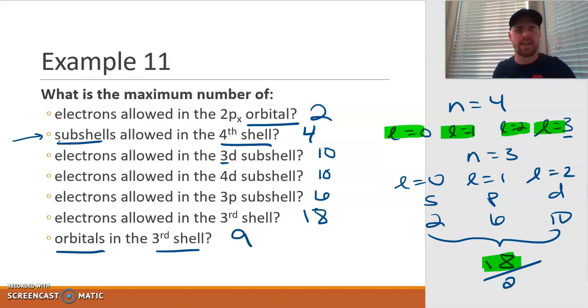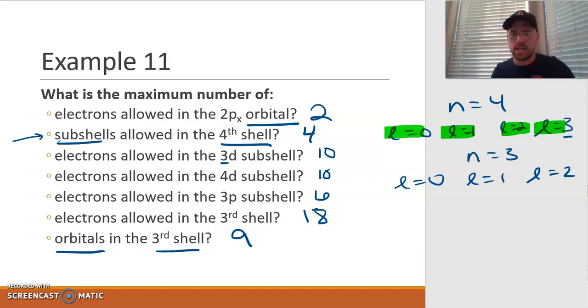Another way to think about that, if that didn't make sense to you, is, let me erase this for a second. If your L values are given here as 0, 1, and 2, then our M sub L values could be figured out. Remember, M sub L is negative L to positive L. So if L equals 0, the only value for M sub L is 0.